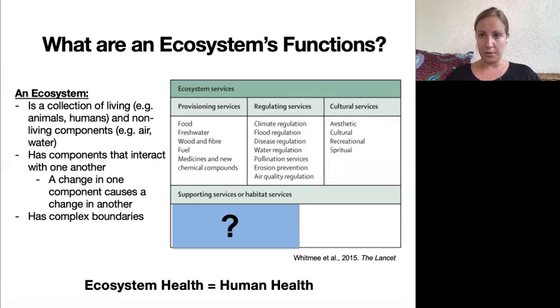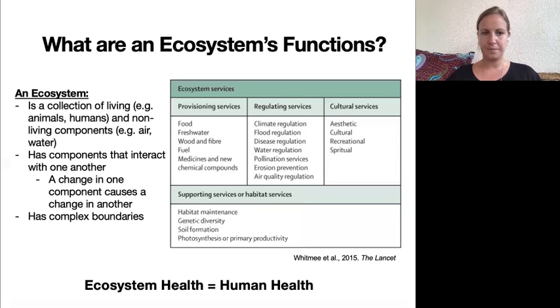There are also cultural services: aesthetic, recreational, or spiritual. Our ecosystems do more than just provide us clean water and clean air, but are very important for many cultures and for many spiritual benefits as well.